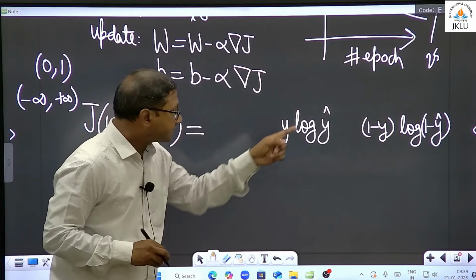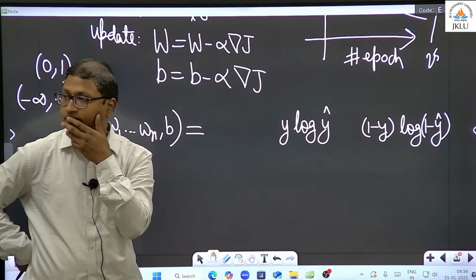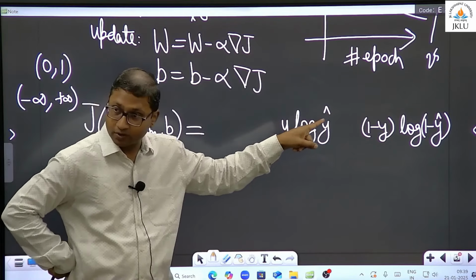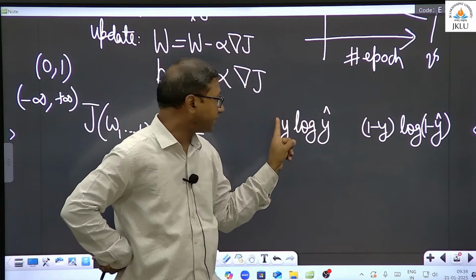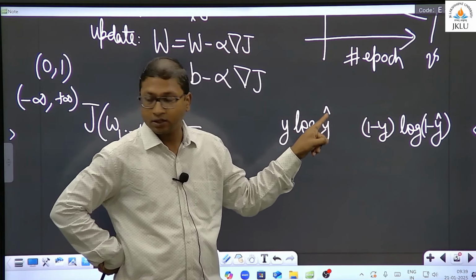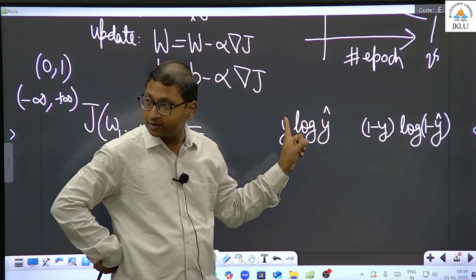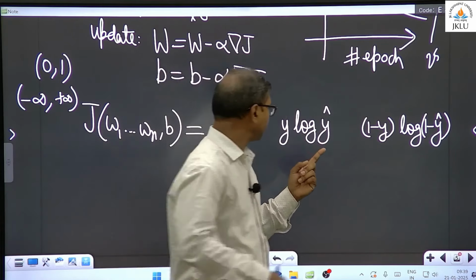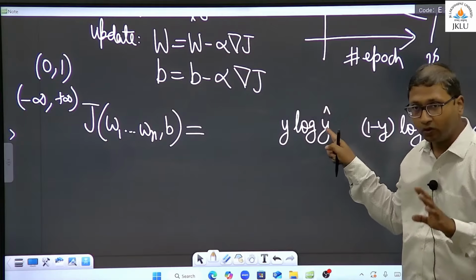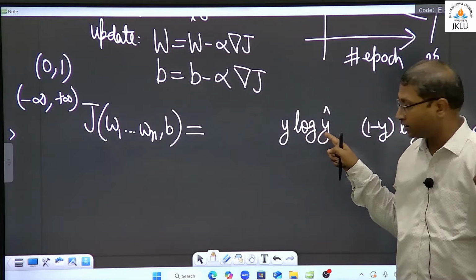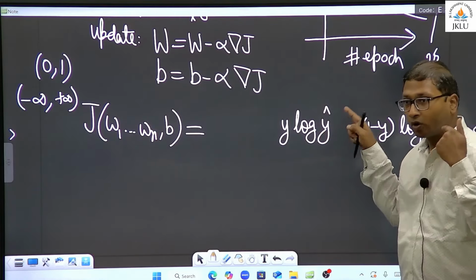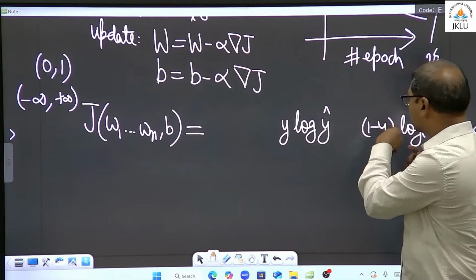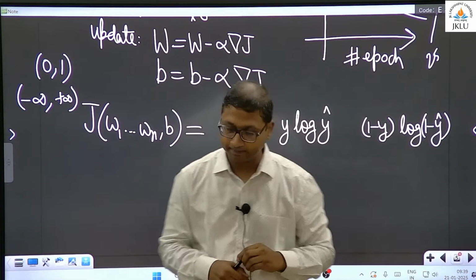Why do you have hats inside? One way to remember this is, because a lot of students make a mistake here, they sometimes put y inside. Now y are your labels, right? Labels will be either 0 or 1. So either you will be talking about log of 0, which wouldn't make sense, and if you are talking about log 1, then that will make the term 0. So inside you have your predictions and not labels.